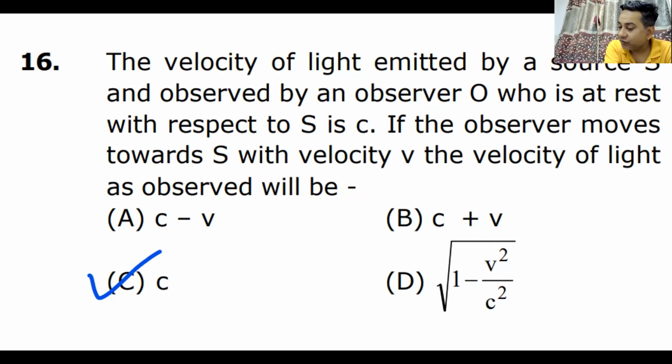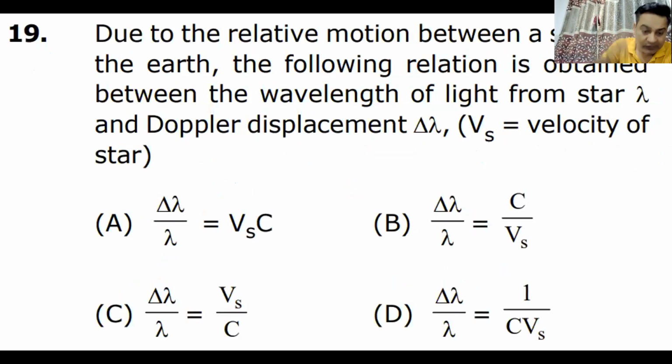And remember these 2 formulae. I'm showing you the next one. Due to relative motion between a star and Earth, the following relation is obtained between the wavelength of light from the star and the Doppler displacement, delta lambda. Vs is the velocity of the star, how fast the star is moving. Which formula is correct? There is only one formula which is correct. Remember that c is always in the denominator and the speed of star or speed of Earth or whatever is always in the numerator.